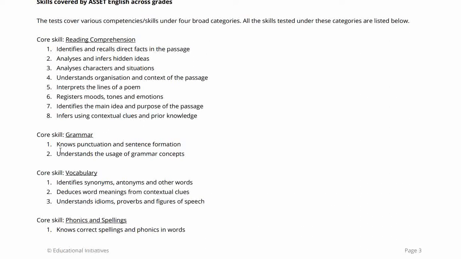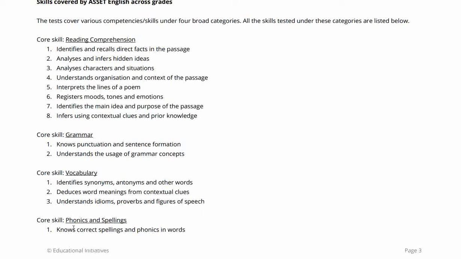Then coming to grammar skills, knows punctuation and sentence formation, understands the usage of grammar concepts. Under vocabulary, we have identifies synonyms, antonyms, and other words, deduces word meanings from contextual clues, understands idioms, proverbs, and figures of speech.